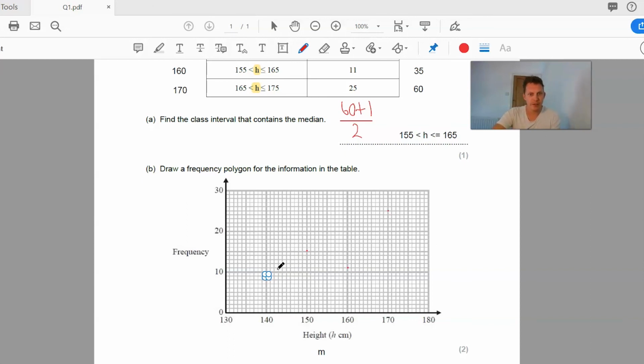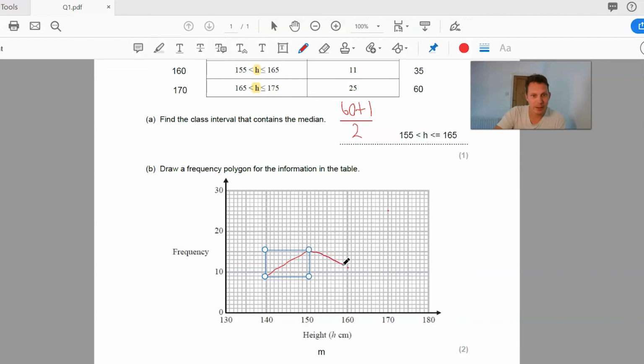And now I've got these dots, which I'm going to use to actually draw and connect them. Because it's called a polygon, it means I've actually got to have sides to it. It's got to have lines. So with a ruler, I would do this, not freehand like I'm doing right now.